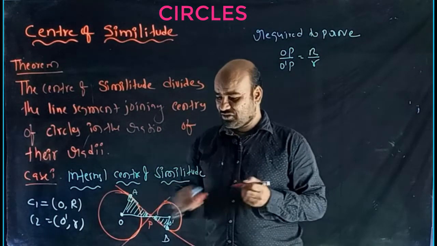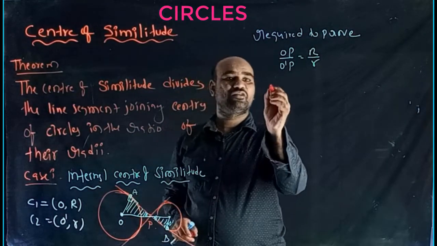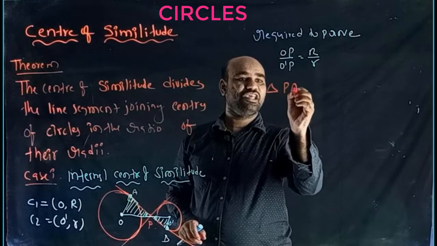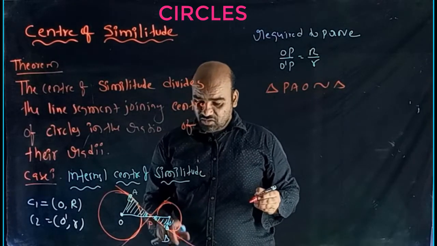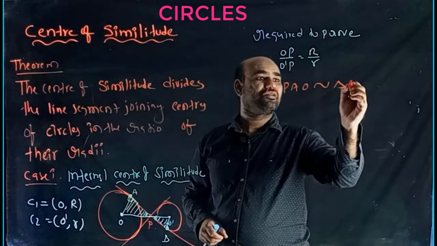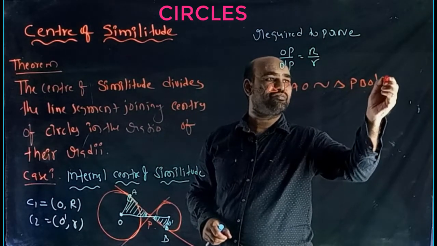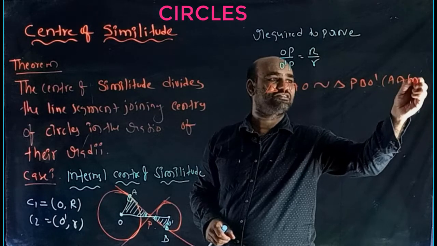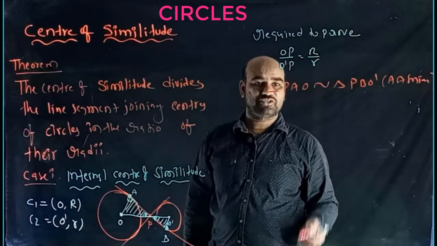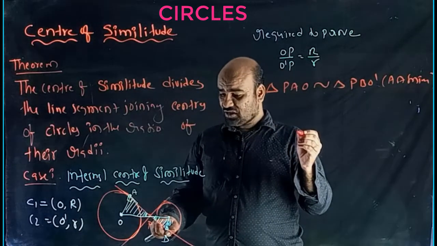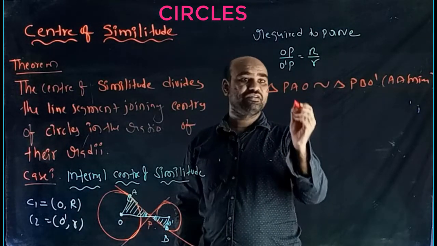Now I want to write: triangle PAO is similar to triangle PBO dash, by AA similarity. If two triangles are similar, their corresponding sides are in proportion. So what do I want? I don't want PA, I want OP.